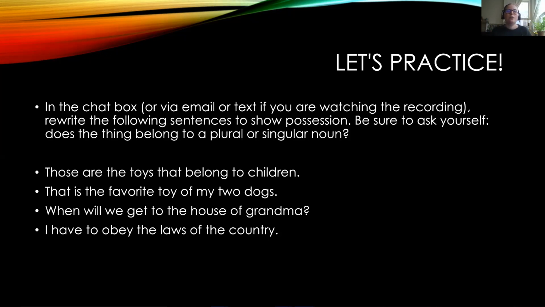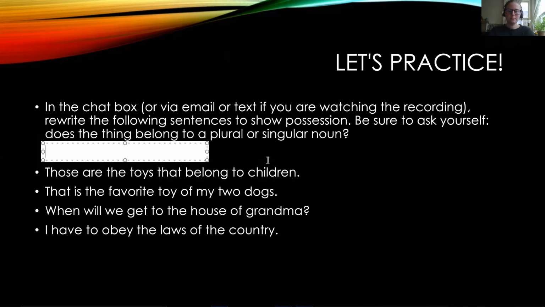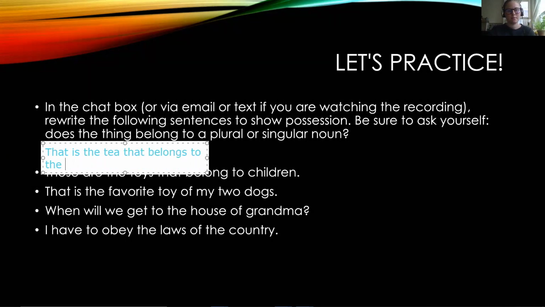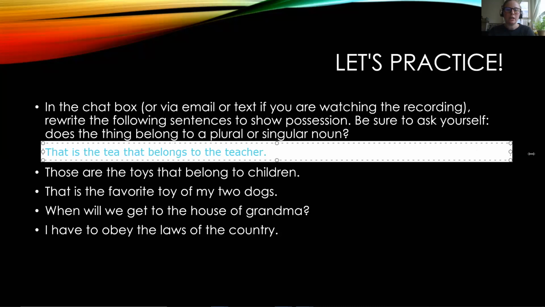I want you to rewrite the following sentences to show possession. Does the thing belong to a plural or singular noun? That will help you here. So let me show you one example. Right, so if I have this sentence, that is the tea that belongs to the teacher. This is also a lot of words.